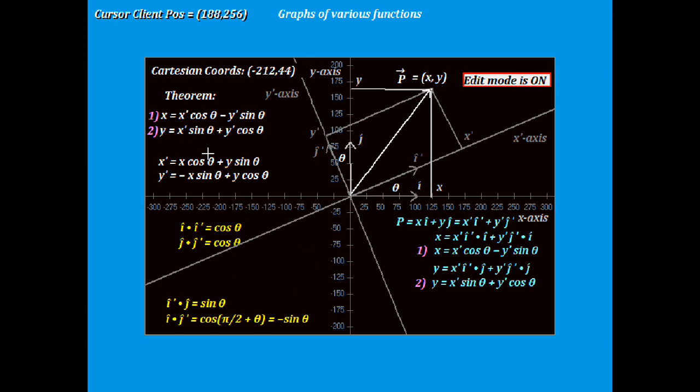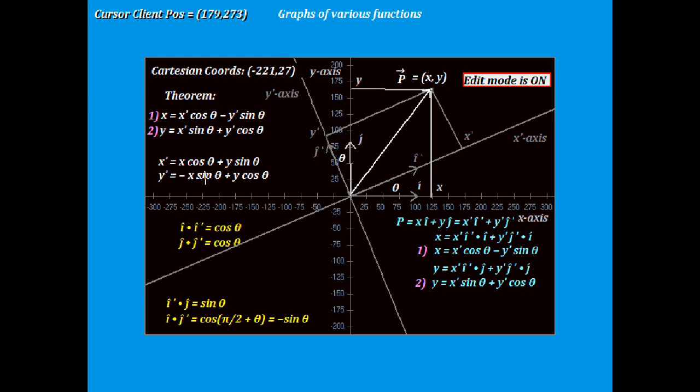If we're doing it the other way around, if we wanted to get x prime, we would dot product both sides by j prime, and we'd have i dot j prime, which we've got, right? So therefore the x term is minus sine theta times x.